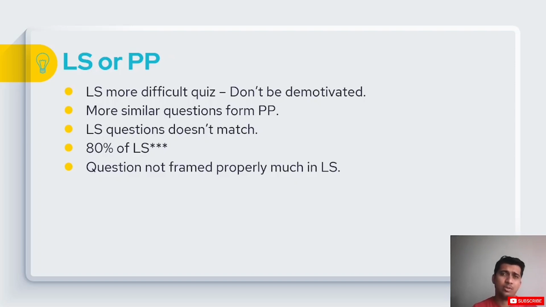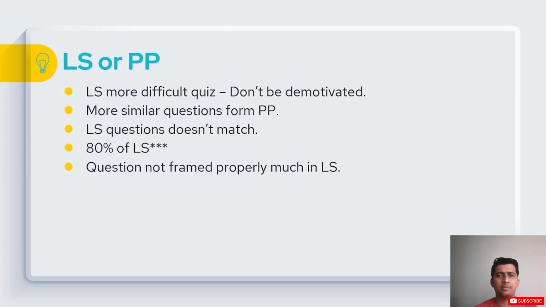In Pocket Prep the questions are framed very properly, while in the real exam the questions are sometimes framed in a complex way, which makes them difficult to understand. So that's good in a way, but Pocket Prep is always good, as it has the most similar type of questions compared to the learning system.